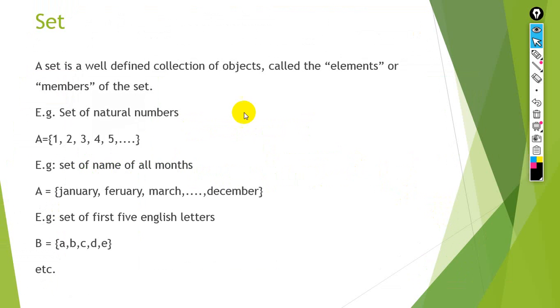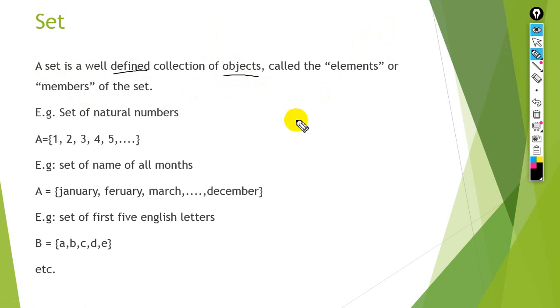What is a set? We can say a set is a well-defined collection of objects called the elements or members of the set. So set is the collection of well-defined objects. When we are taking a set of something, that object should be well defined.